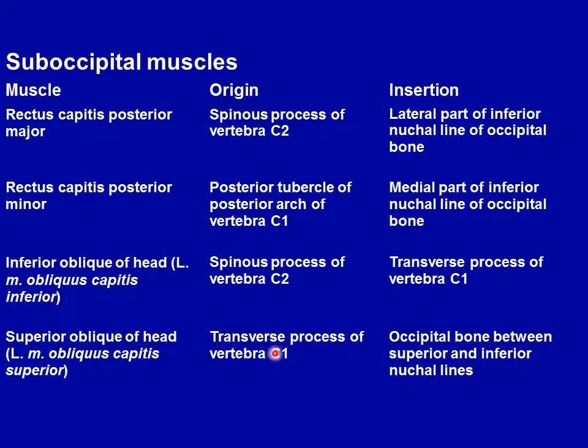It arises from the transverse process of C1, the atlas vertebra, and is inserted into the occipital bone between the superior and inferior nuchal lines. These are the muscles of the suboccipital triangle. They form the boundaries: the rectus capitis posterior major, rectus capitis posterior minor, inferior oblique and superior oblique. You must remember the origin and insertion of these muscles.